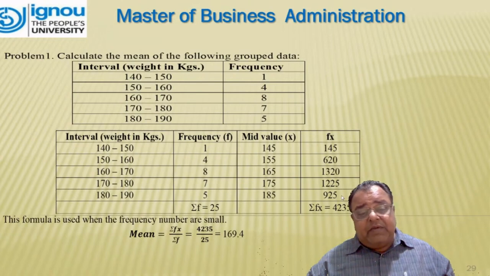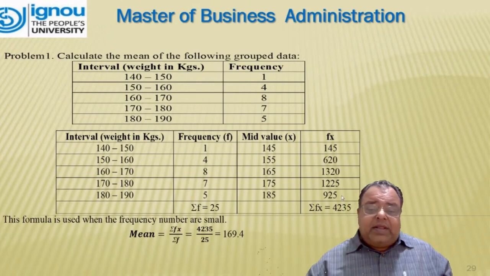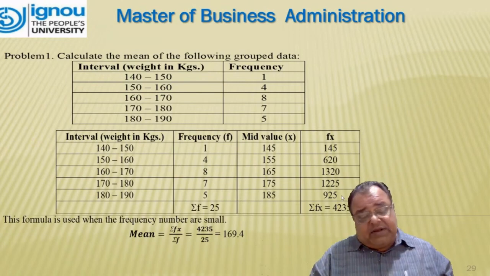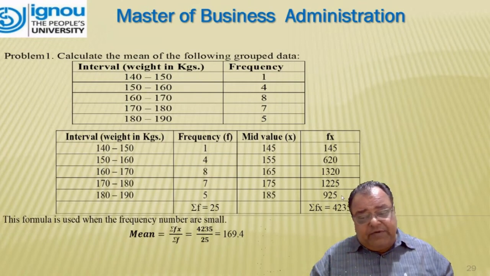Now we have to see what the difference is. We have a difference of 10 in each, so we will simply add 10 to all these values. That is 145, 155, 165, 175, and 185. Then we draw the fourth column, that is fx. We simply multiply the mid values with the frequency. 145 into 1 is 145, 155 into 4 is 620, 165 into 8 is 1320, and similarly 185 into 5 is 925.